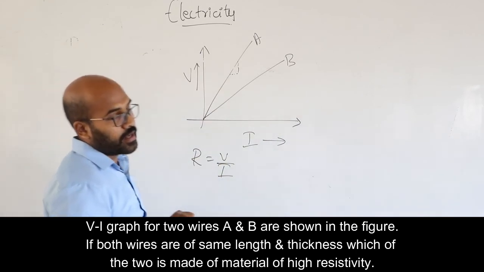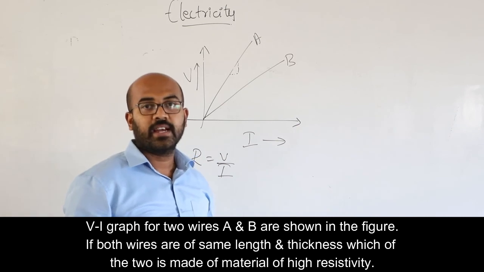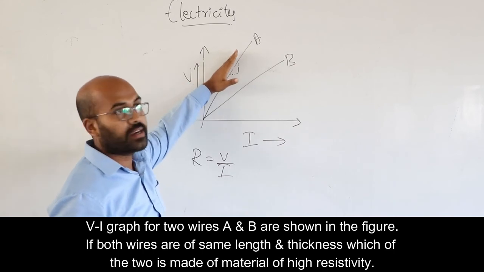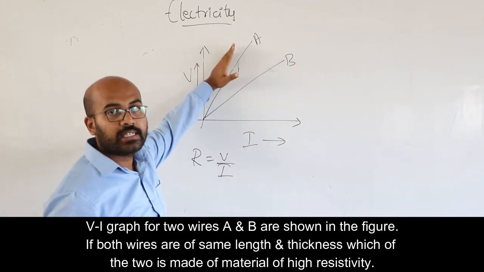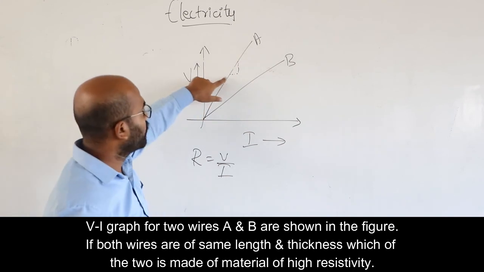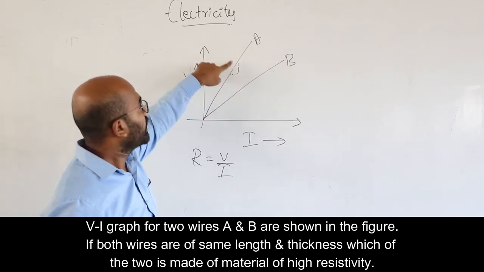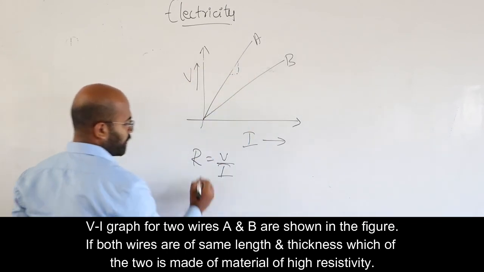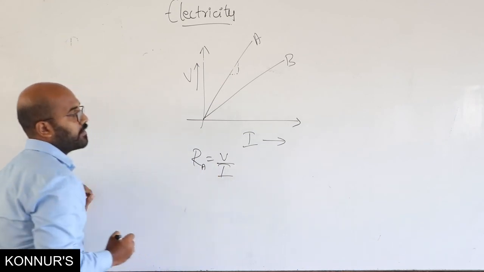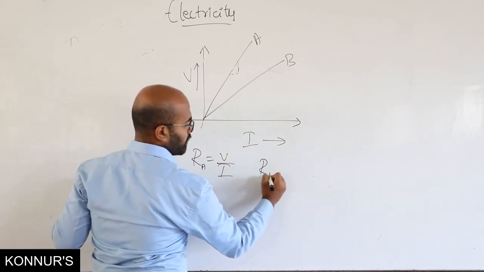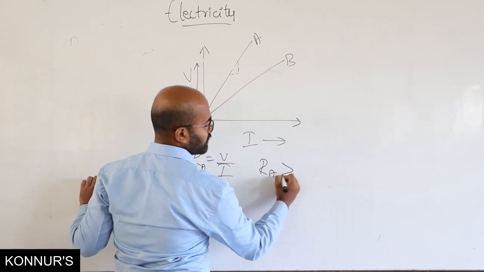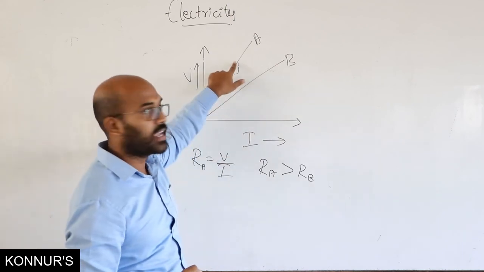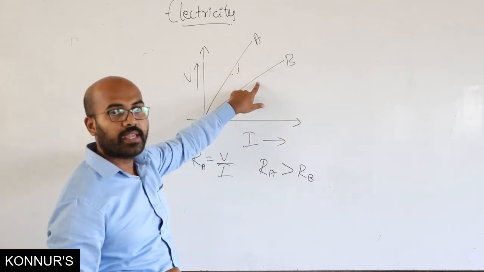So whichever slope is having higher resistance, means the slope which is tilted at larger angles will be having higher resistance. So if you look at these two graphs, A is having higher resistance. So A, that is RA, will have higher resistance. The value of RA is greater than the value of RB. That is, resistance of A is greater than resistance of B.